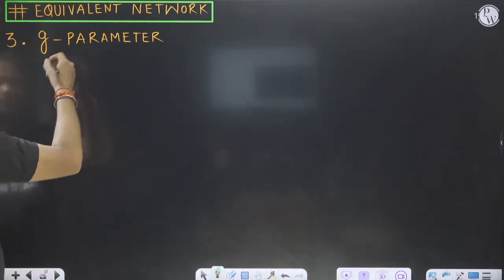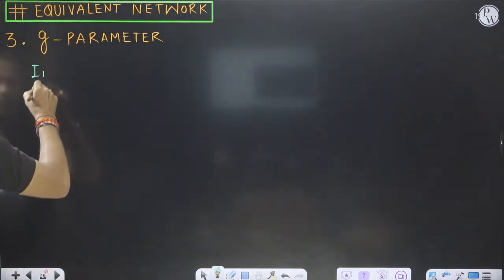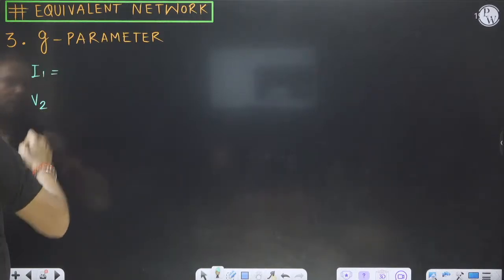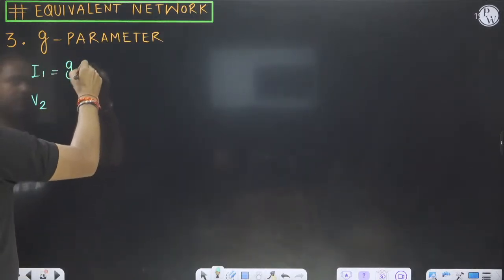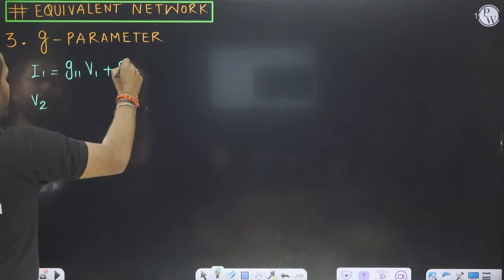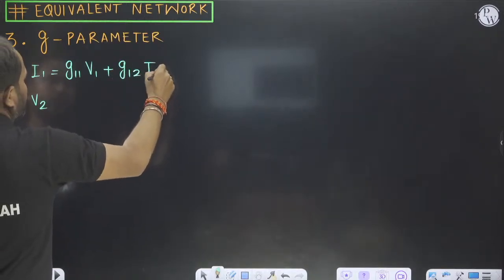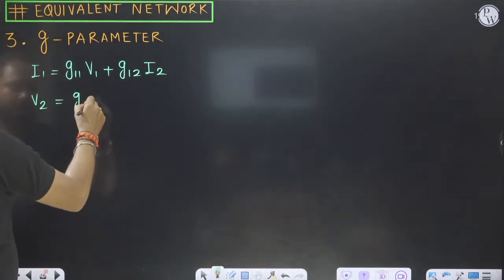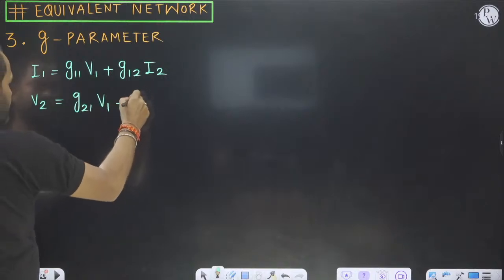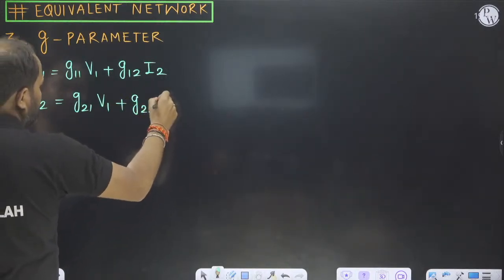I1 and V2. I1 is G11 V1 and G12 I2, G21 V1 and G22 I2.